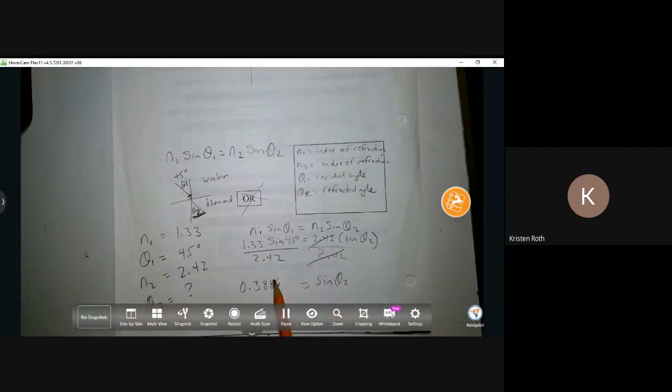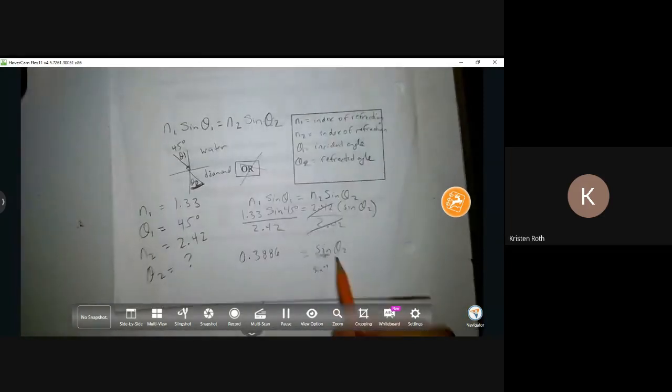This is not the angle, okay? It's not that small, but we have this here. We need to get rid of this, okay? How do you get rid of sine? Well, you have to use the opposite operation. Maybe you're not comfortable with it, but you're going to have to. And the opposite operation is sine with the little -1. Oh, you can't really see it. Okay. That's inverse sine.